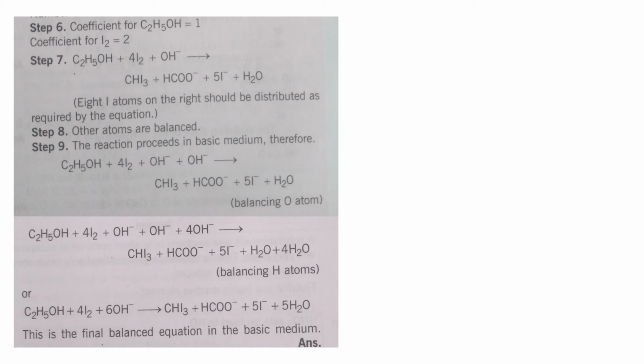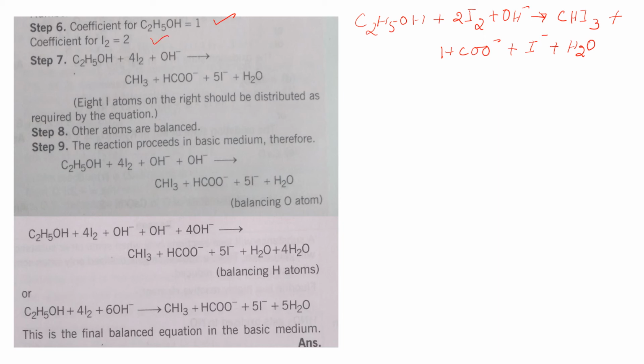That is C2H5OH plus 2I2 plus OH minus is giving you CHI3 plus HCOO minus plus I minus plus H2O. Now I have to multiply C2H5OH with 1 and I2 with 2.